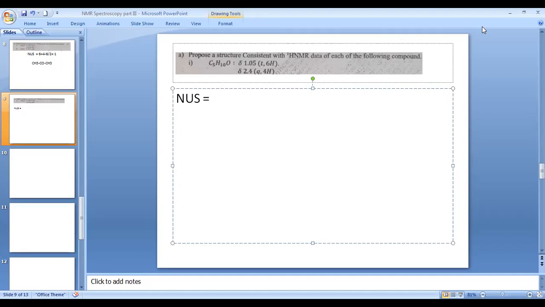Simple job is there, not requiring too much time. Why you are requiring so much time for calculating only unsaturations? C5H10O.